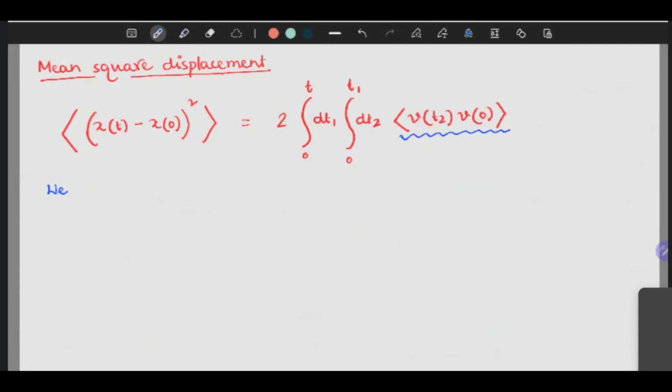Or we can take certain approximations. Think about it, how to do that. Okay, just for one minute.